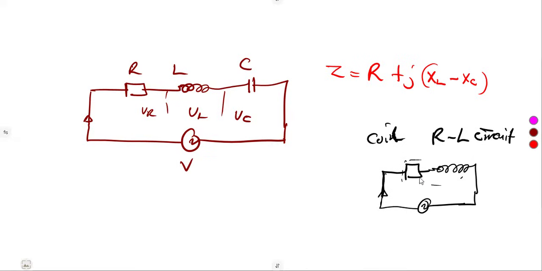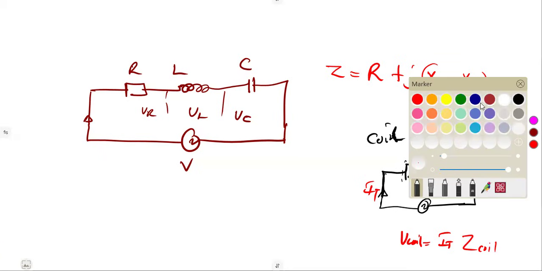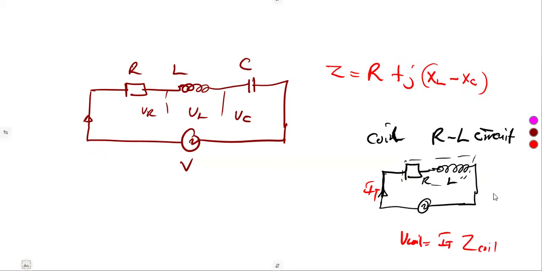It will consist of a resistor and an inductor. So you consider the voltage drop of the coil as the total current that you are given or that you have calculated times the impedance of the coil. So how do we calculate that impedance of the coil? Since we have a resistor and an inductor, it's going to be R plus JXL. That's for the coil.